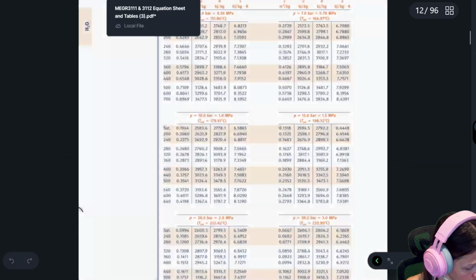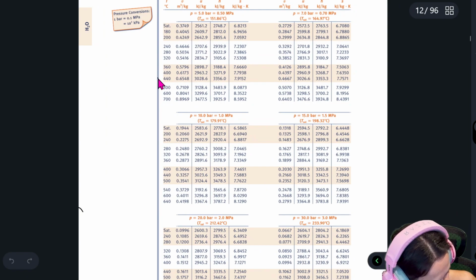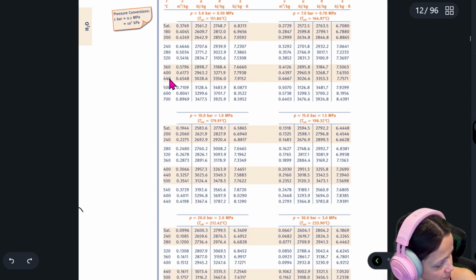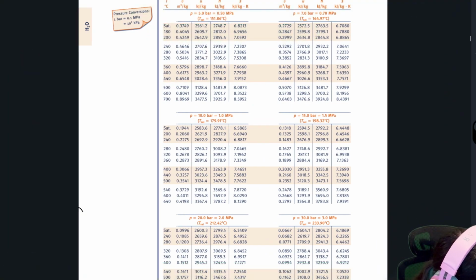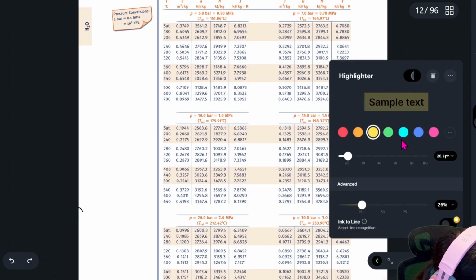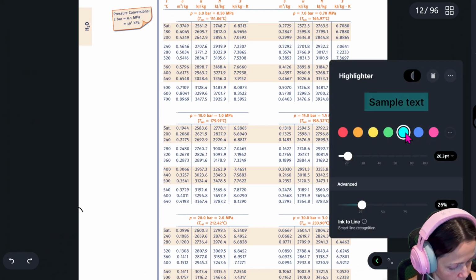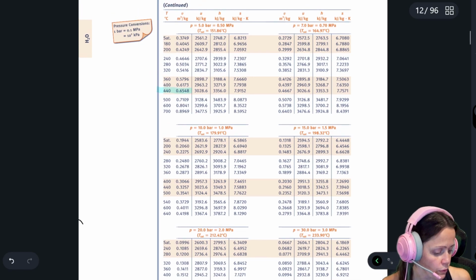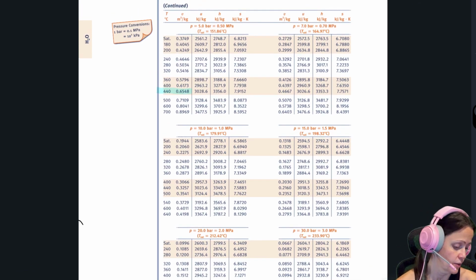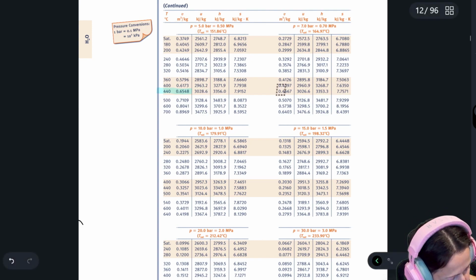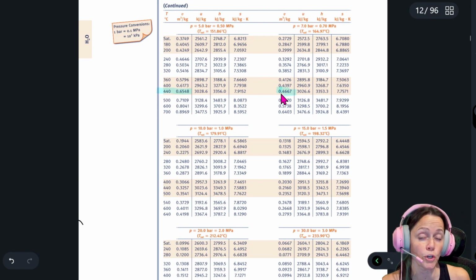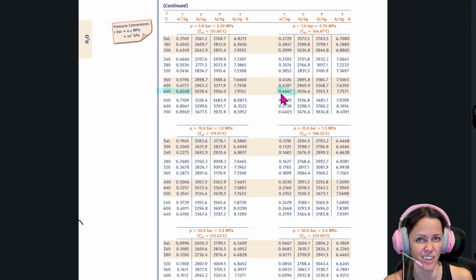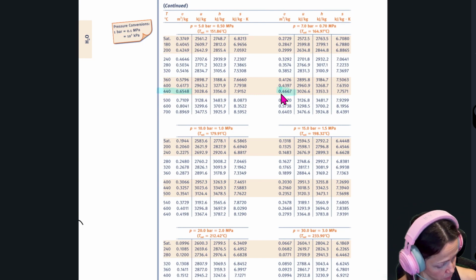So let's go over here. What I'm going to do is look at 440. Okay, so I'm looking at 440 up. If it were 440 and superheated, I'm looking at this line corresponding to 440 degrees Celsius, and I'm looking for a specific volume that's kind of close to that 0.013 number.